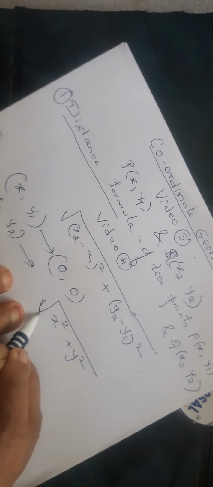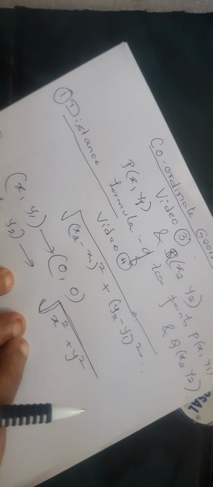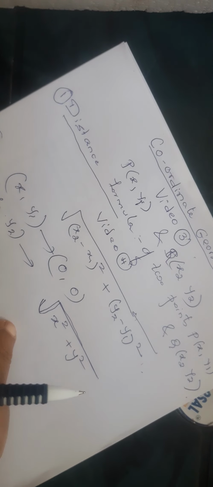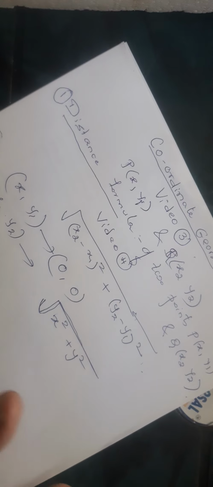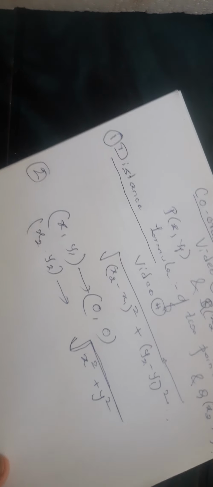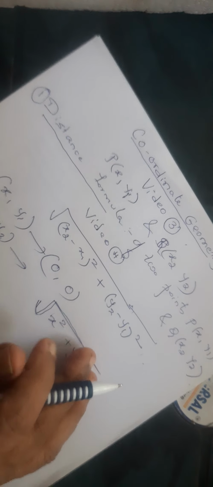In that case you have to use this formula, square root of x squared plus y squared. So this is also very important. Now you will come to know how we are going to use this in our problems.